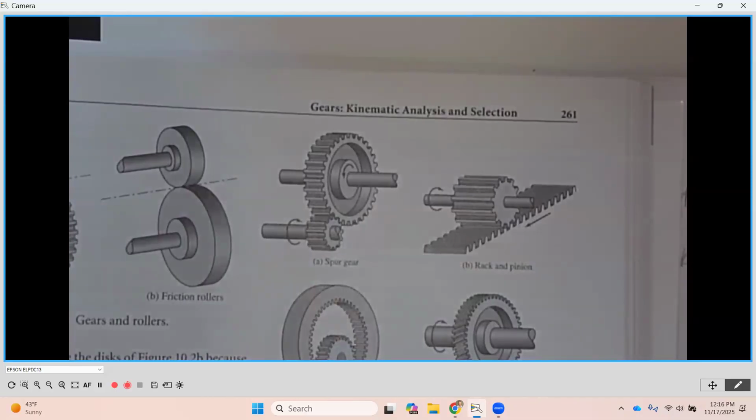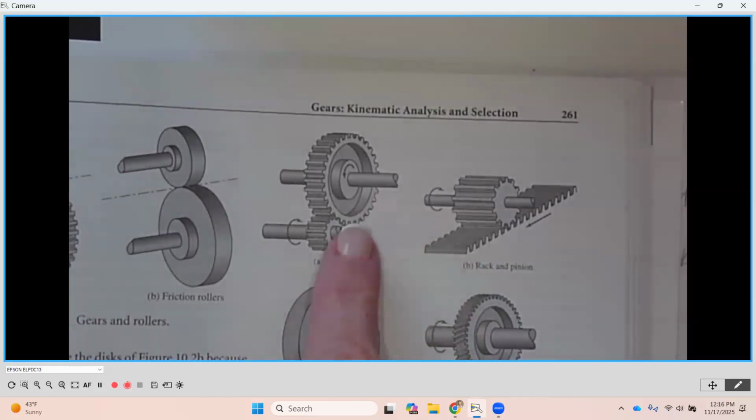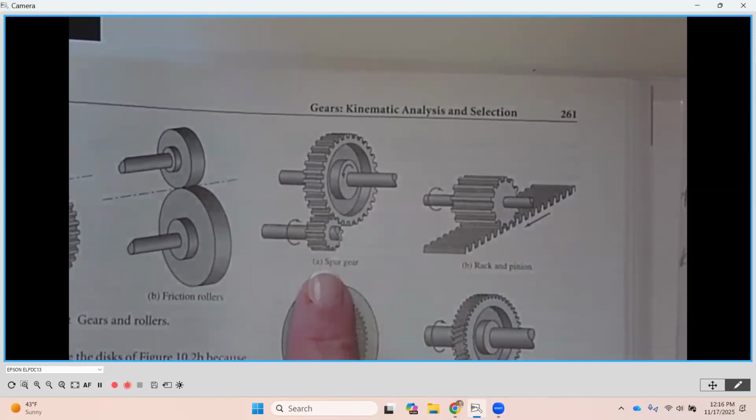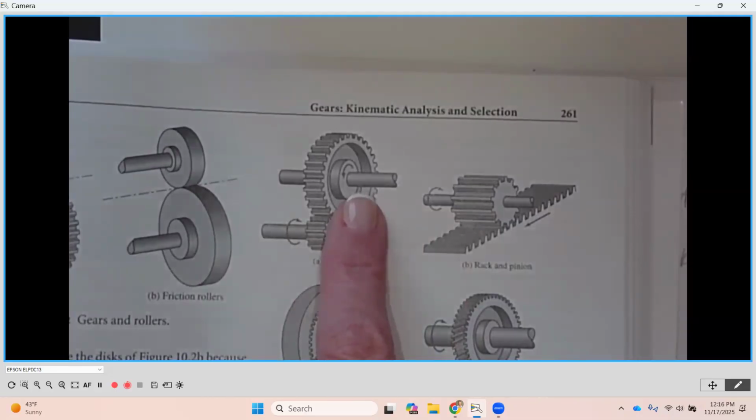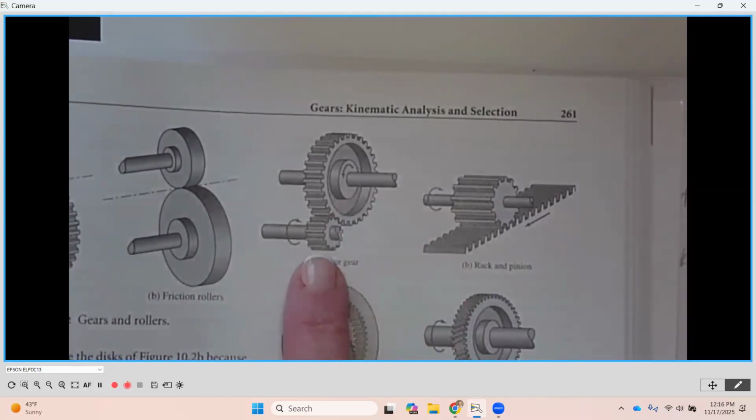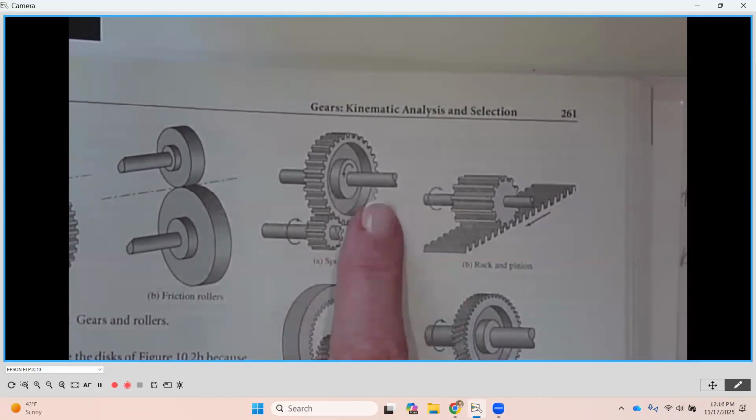Do we want them going in the same direction, the input to the output, or do they need to be opposite? Now, another arrangement that we can do is like a rack and a pinion over on the right-hand side. A traditional set of gears, as we see here with a pinion, smaller gear, to a gear set that's engaging, we're going to have rotational motion on each one of those center lines.